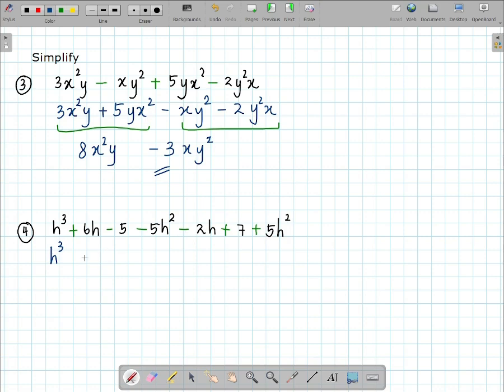We have to collect them, that is minus 5h to the power 2 add 5h to the power 2. Then we have h terms, that is plus 6h minus 2h. Then we have numerical terms, that is minus 5 plus 7.